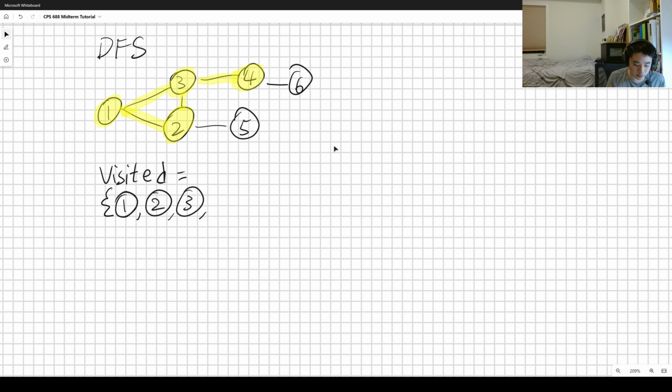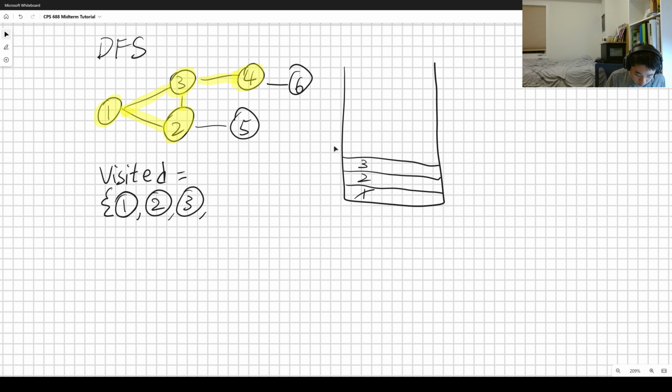So assuming that we're using a stack, I'm just going to try this. So 1 goes first and adds 2 and 3. 2 is processed and adds 3 and 5.